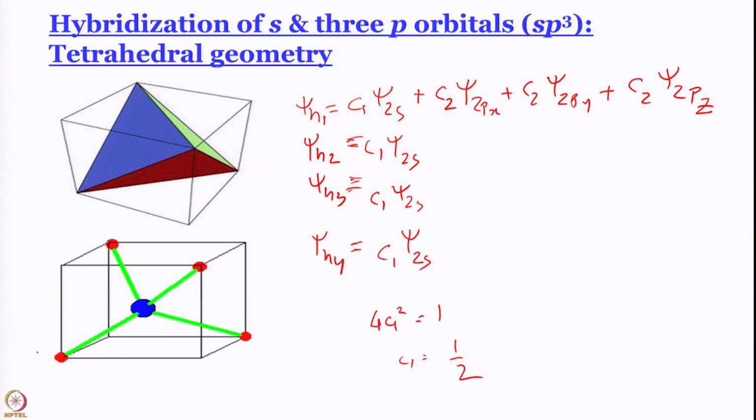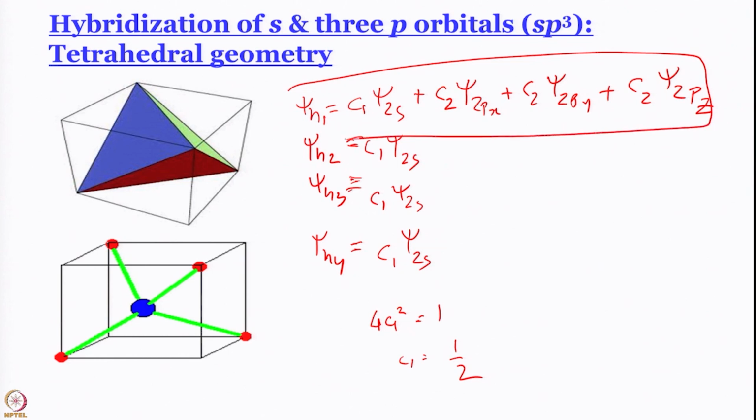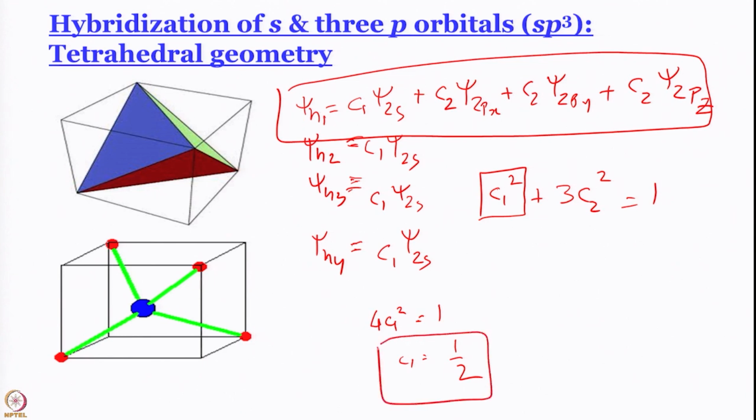What about these C2s? What will the C2s be? For one thing I can write right away, these hybrid orbitals have to be normalized, right. So, I can write C1 square plus 3 C2 square is equal to 1, and I know very well that C1 square is equal to 1/4 because C1 equal to half.